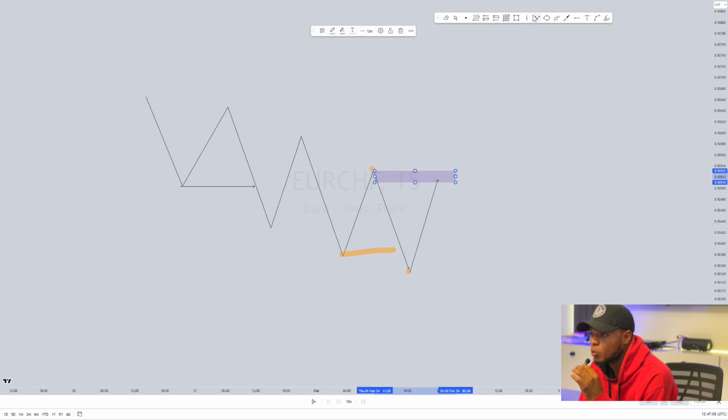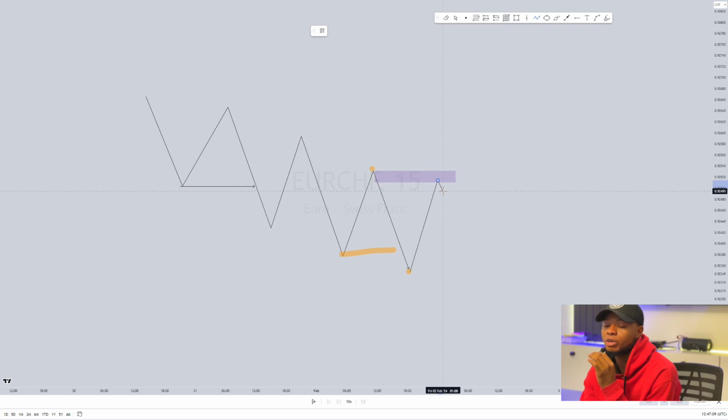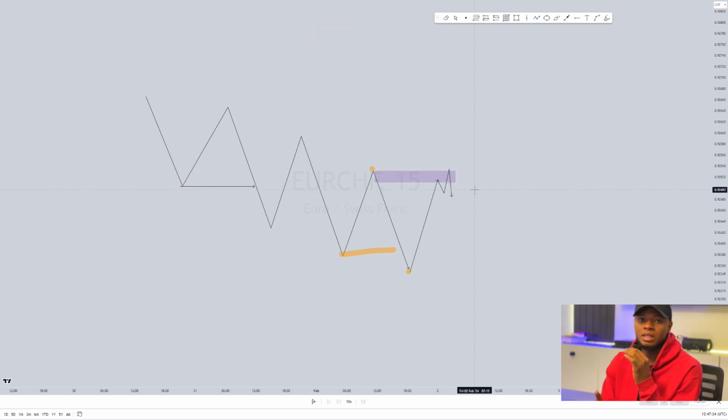When the market gets to this order block, it might show some reaction, but instead of selling from here, we're likely to see it sweep this high. Once you sweep the high, you see the market reject back again. This is what IFC can do.